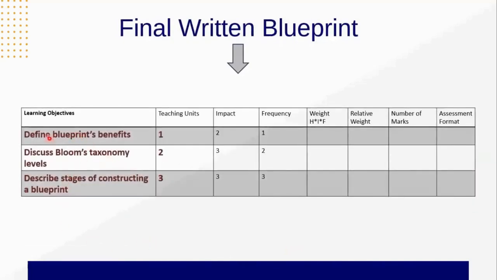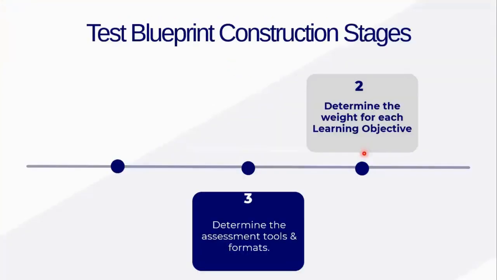Here are our learning objectives: define the blueprint's benefits, discuss Bloom's taxonomy level, describe the stages of constructing a blueprint. And here are the teaching units, the impact we have measured last time, and the frequency.